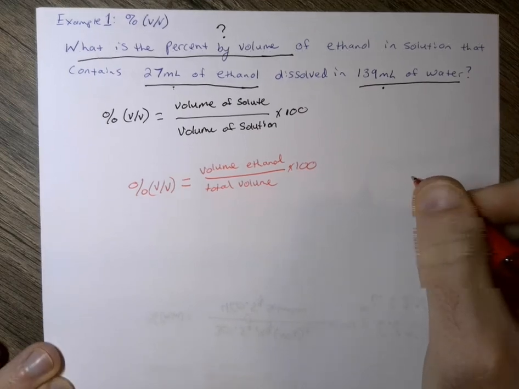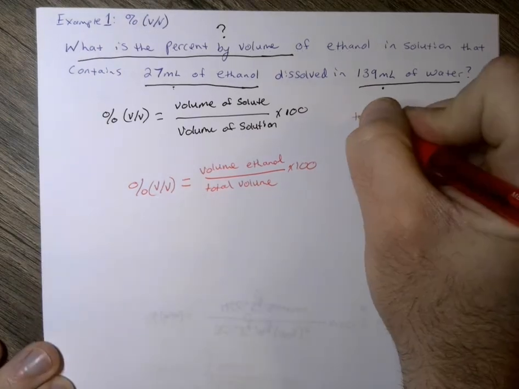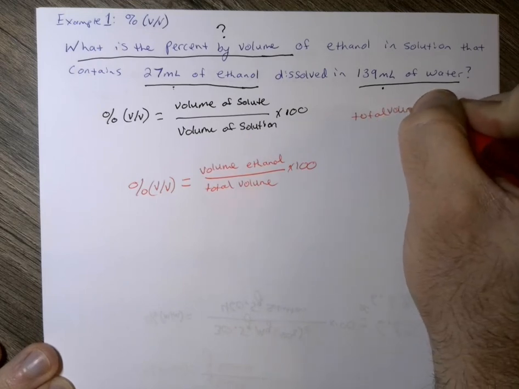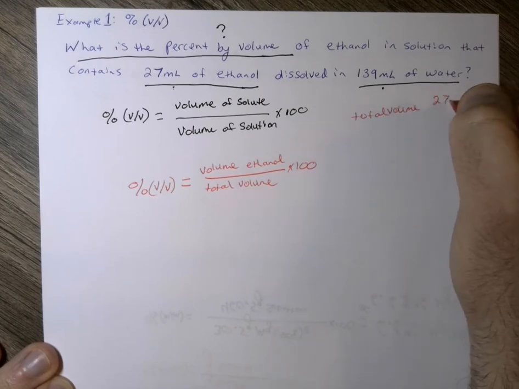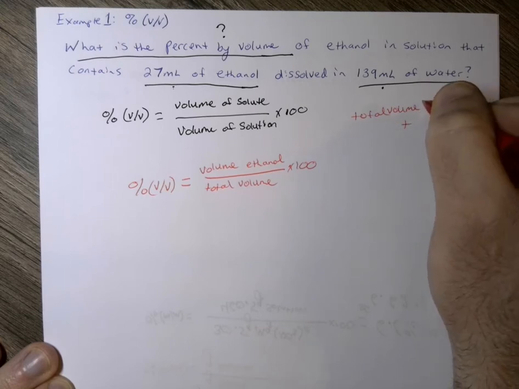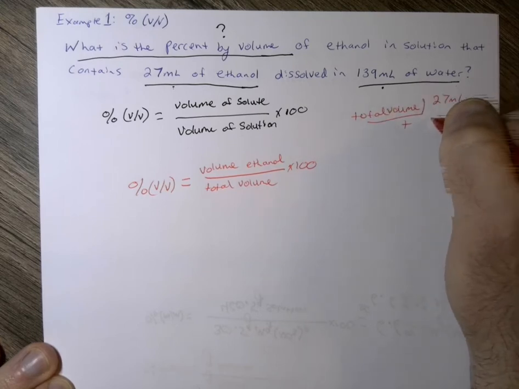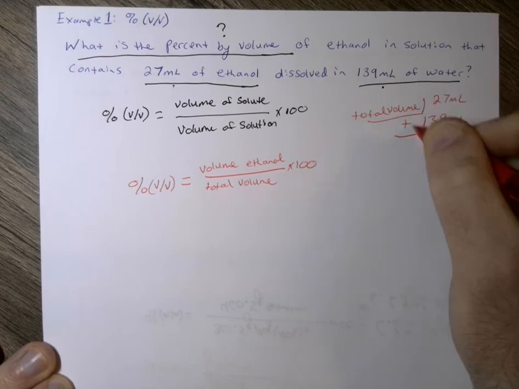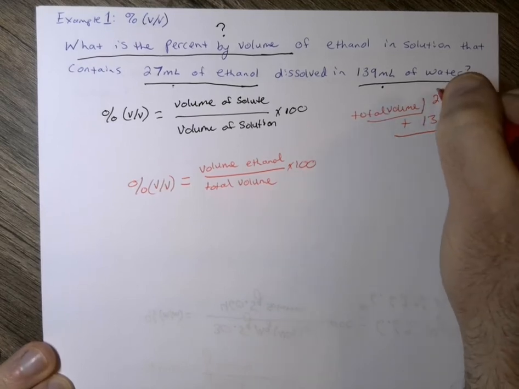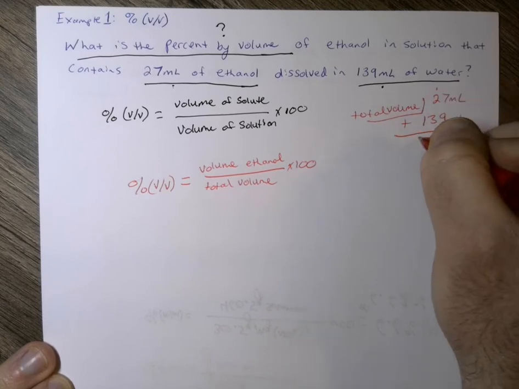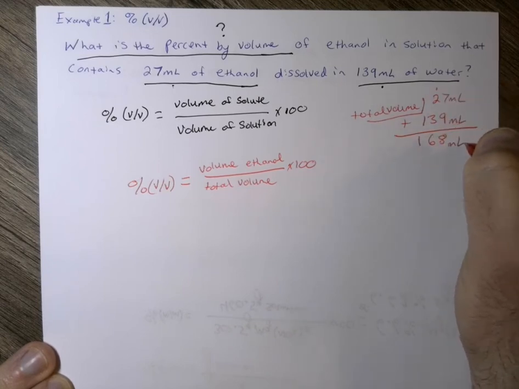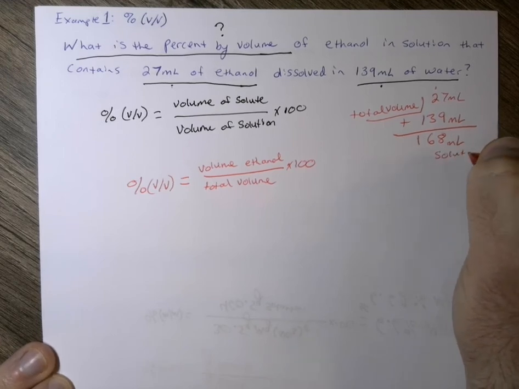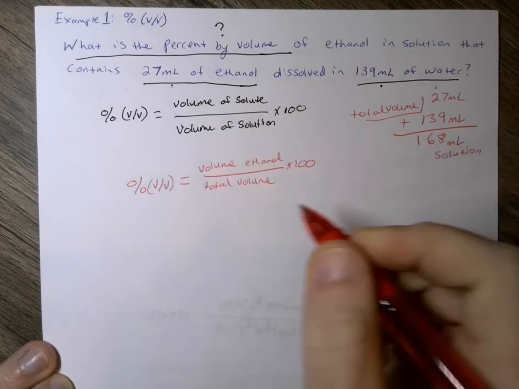So I need to know my total volume. 27 milliliters plus 139 milliliters. So when I add these two together, I should get 168 milliliters of solution. So that's my overall total volume. Milliliters over milliliters times 100.